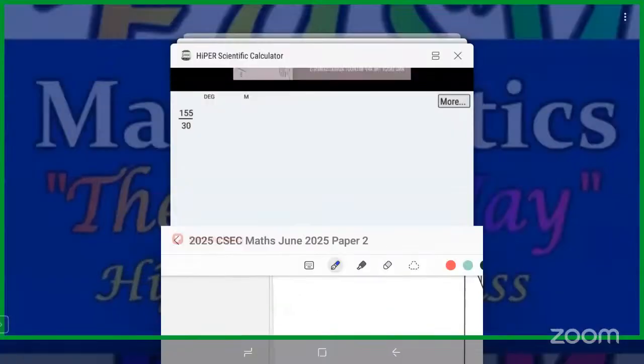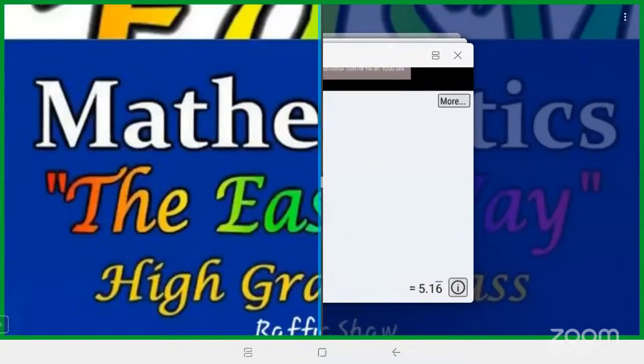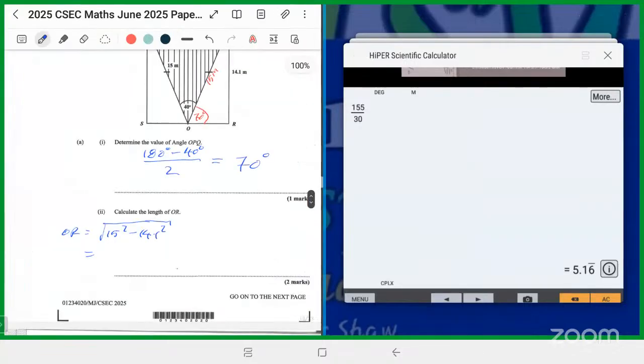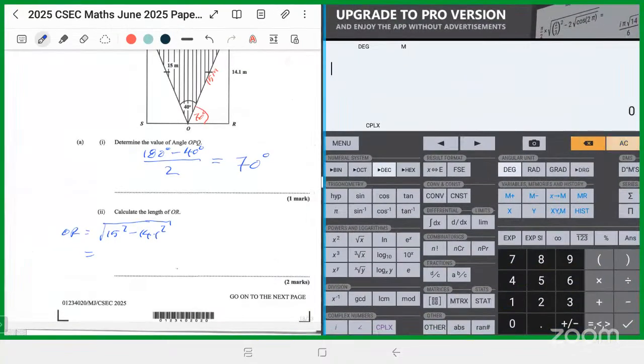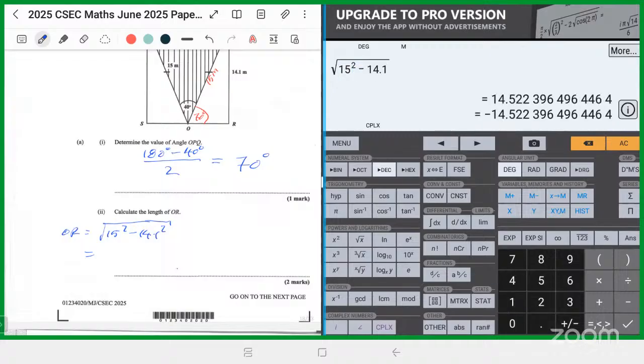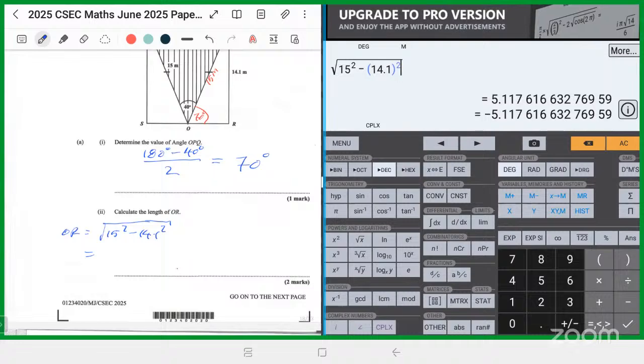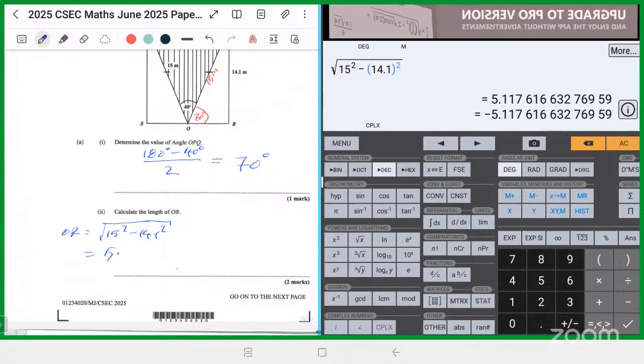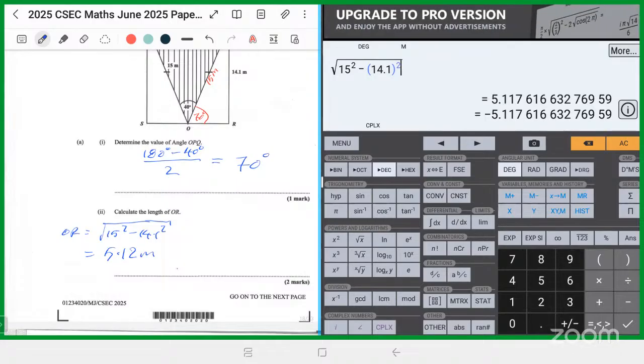But they did mention that 14.1 sometimes makes mistakes. So the square root of 15 squared minus 14.1 squared. All right, we're getting 5.12 meters.